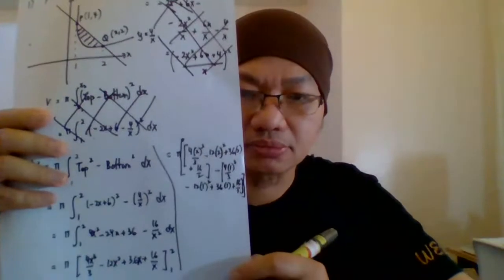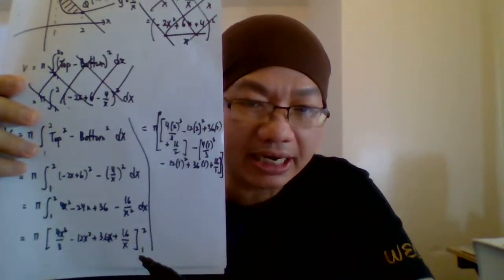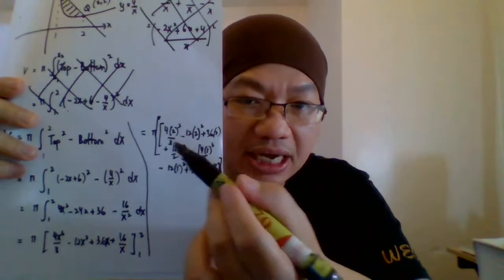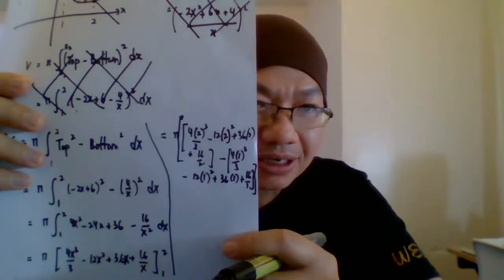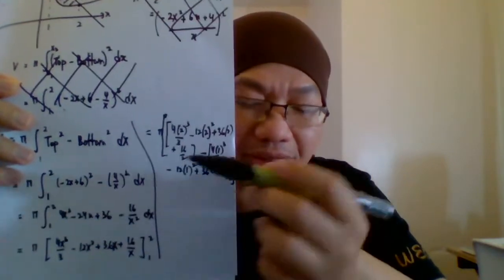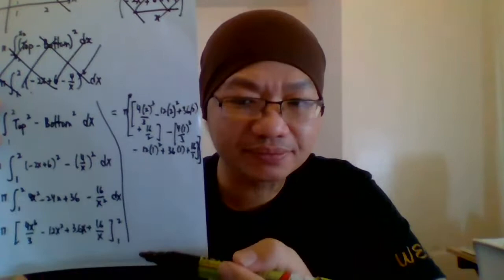Close the big bracket. So I substitute 2 and then I substitute 1 inside. I got this. Be careful when you do the substitution. Now calculate for me how much the answer here is.